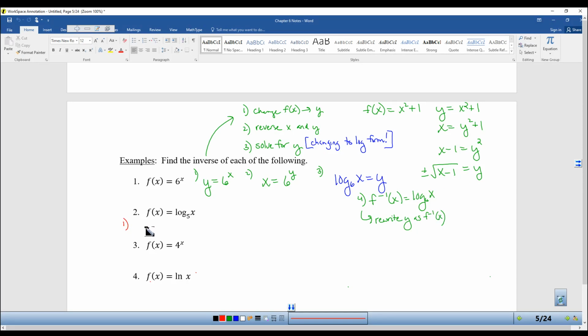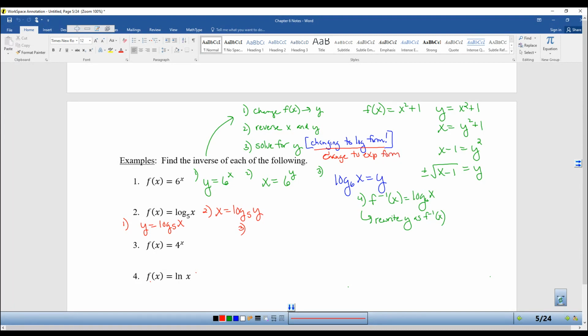Okay, so the next one. First step, change f of x to y. Second step, reverse the x and the y. So now I have x is equal to log base 5 of y. Third step, solve for y. So I don't know how to solve for y, but I can change to logarithmic form, or if it's already in logarithmic form, now we're going to change to exponential form.